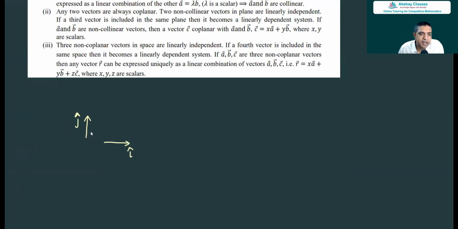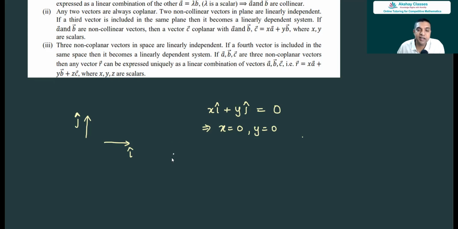Is there a way that I multiply i cap by x and j cap by y such that their sum becomes zero? The only possibility is x equal to 0, y equal to 0, because you cannot combine these two to make them zero. So these are independent.